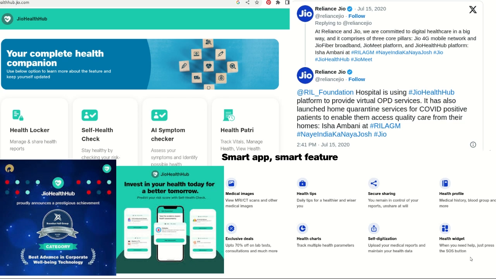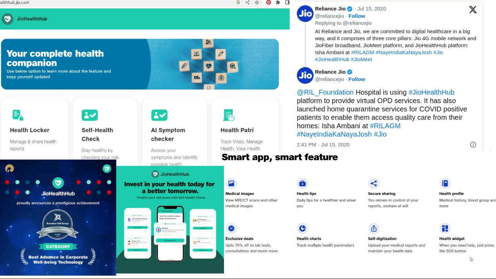I mean, this is the time when we were in the middle of the first wave of the pandemic. So they came up with this digital healthcare solution, leveraging the mobile network and the Geo fiber broadband network and their various platforms to come up with this Geo Health Hub platform.